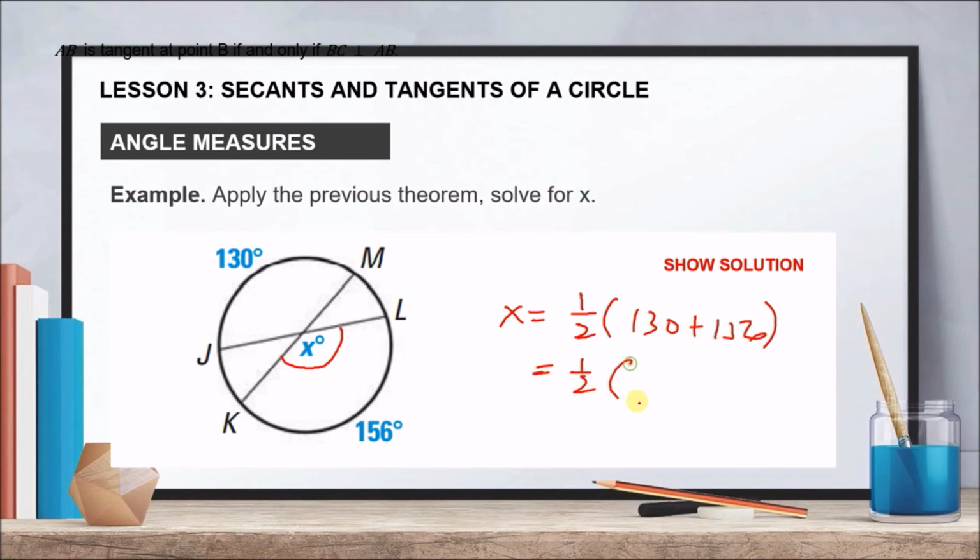Magkakaroon tayo ng 1/2, and then you will have 286. So the half of that, will you try to compute that? You will have 143 degrees. So therefore, the value of our x here is 143 degrees.